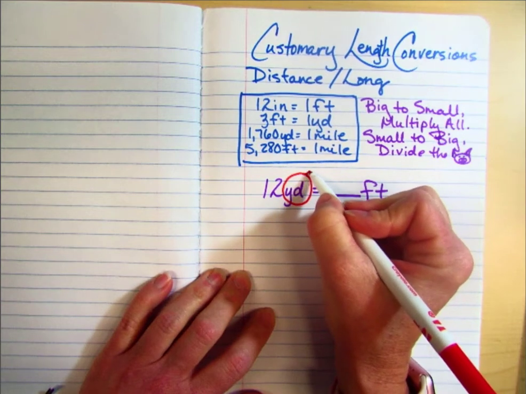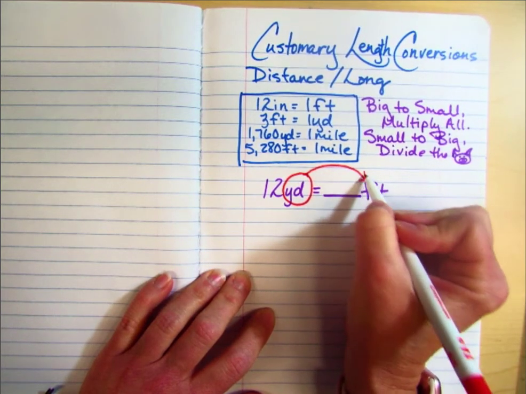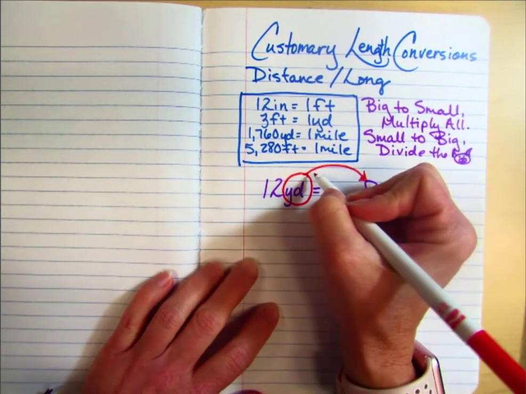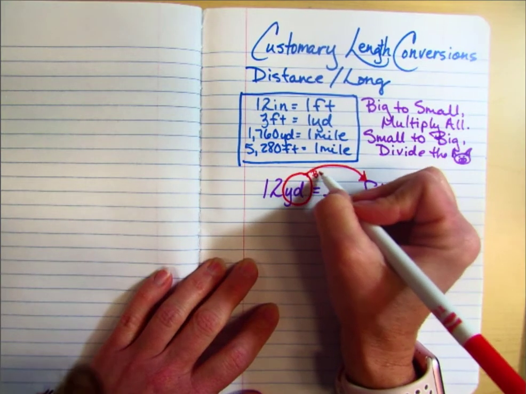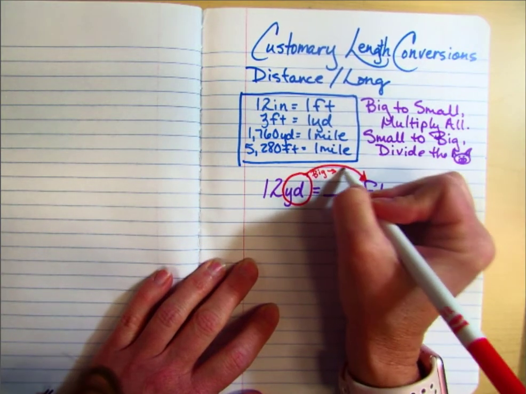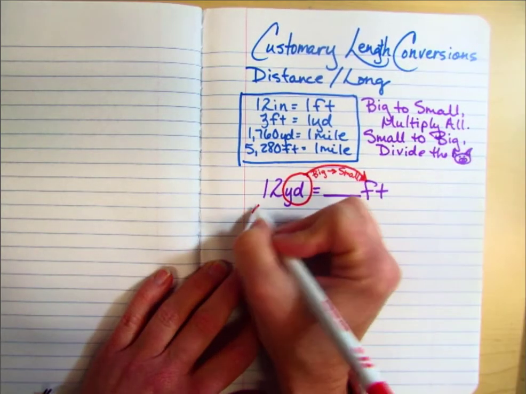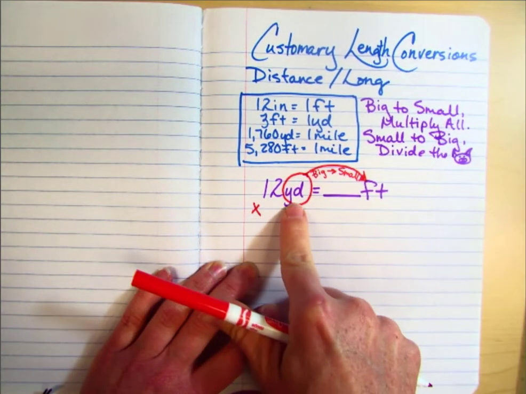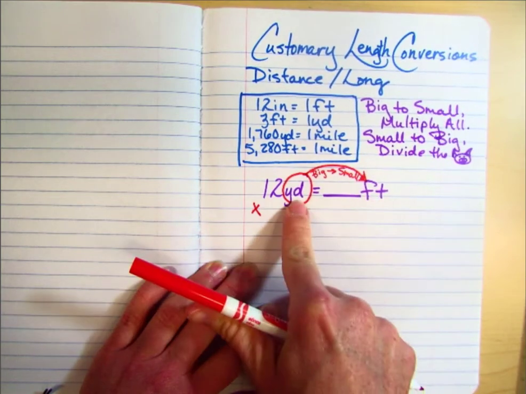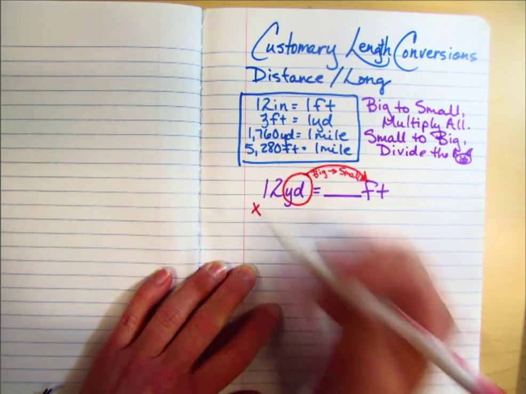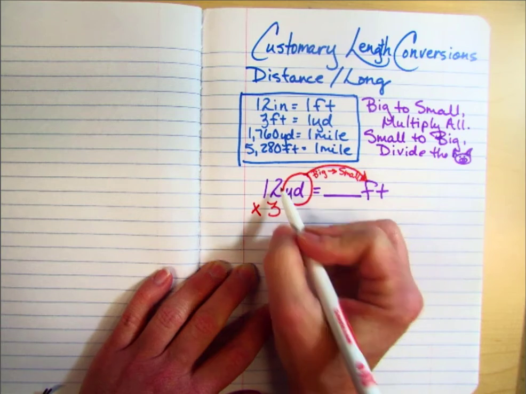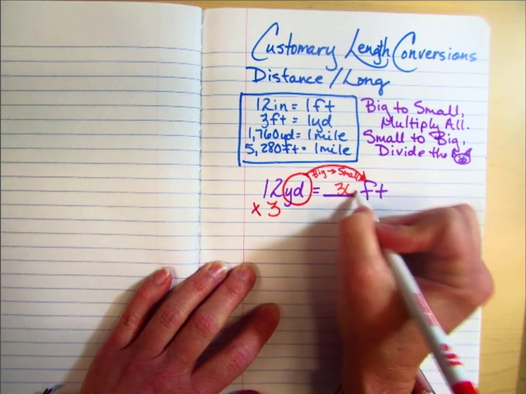And then I'm going to ask myself, am I going big to small or small to big? On this one, I'm going big to small, so I multiply all. Then I'm going to go to my conversion chart and see how many feet are in a yard. There's 3 feet in 1 yard, so I'm multiplying times 3. 12 times 3 is 36, and I'm done.